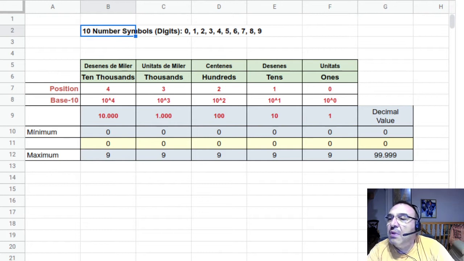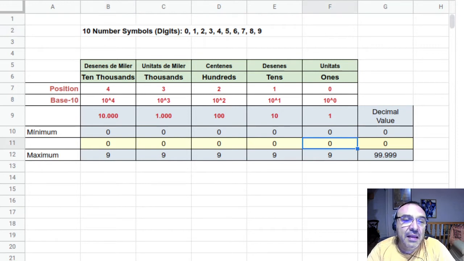If you put the symbol 1 in the last position, it will be just the number 1, one single unit. But if you put the same 1 in the second position, it's not 1 unit, it's 1 ten, because in the second position the meaning of that symbol is 10.